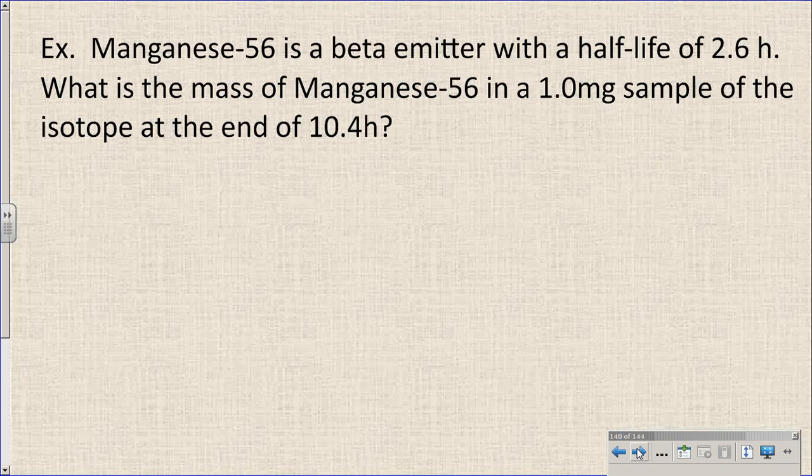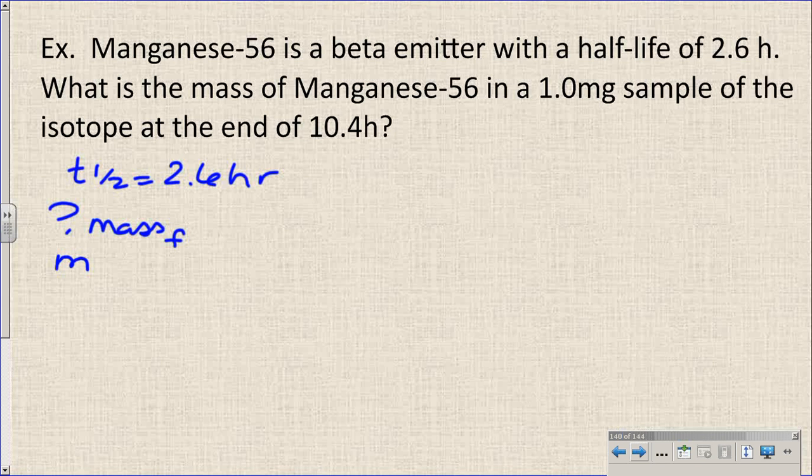Okay, so let's try this one. Manganese 56 is a beta emitter. Nobody cares, but it's always going to be given to you. That part is not important. With a half-life, so T1/2, of 2.6 hours. What is the mass final of manganese 56 in a 1 milligram sample of the isotope at the end of 10.4 hours? So we're given a mass, so we're assuming that's mass initial, right?